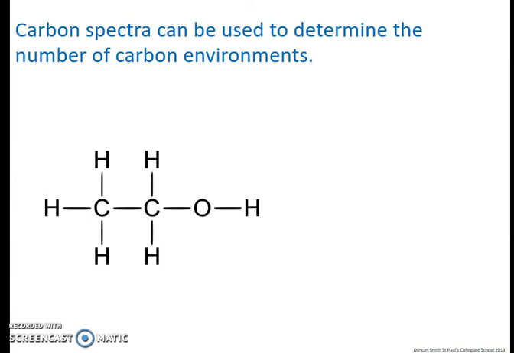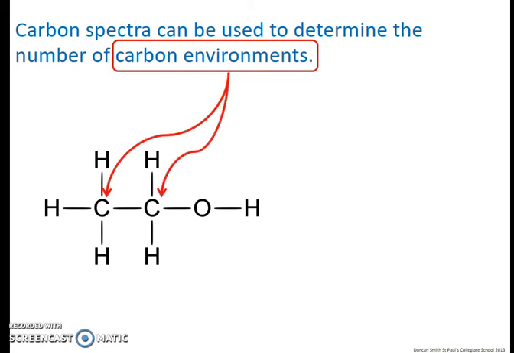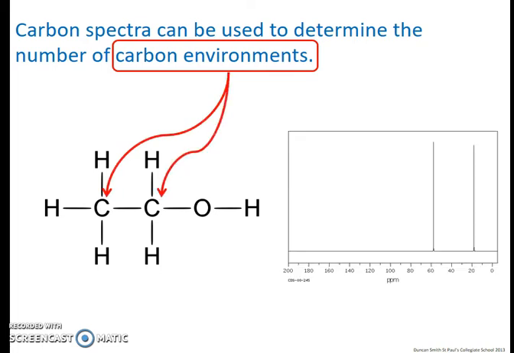The other is attached to a methyl group and a hydroxyl group. And so when we look at the spectra for that molecule, we see 2 distinct peaks because we have 2 different carbon environments. Where those peaks are in the spectrum tells us something about what those carbon atoms are attached to, but I'll talk about that later.